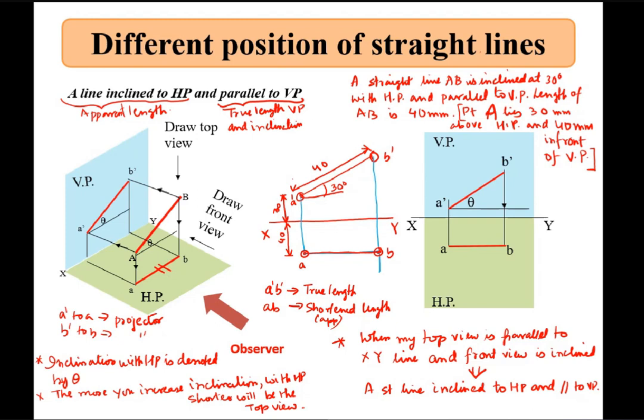Now, can anyone tell me what will be dark and what will be light? Sir, the A dash B dash line will be dark, the AB line will be dark, and the lines from A dash to A and B dash to B will be light. The true length text we write, 40, will also be dark. Right. This dimension text, 40, 30 and 40, will be dark.